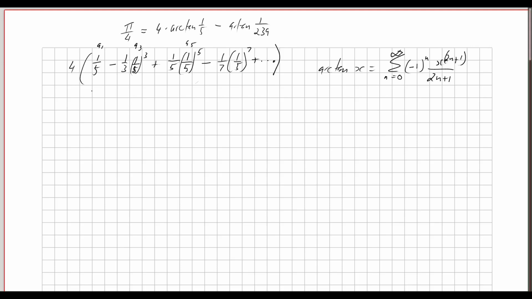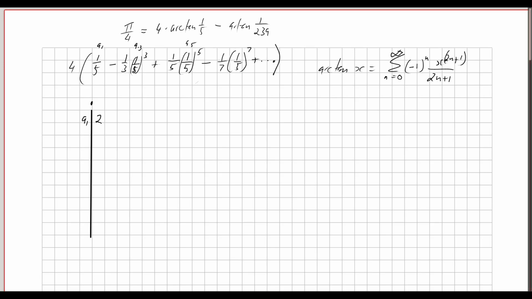Alright, so what we can do is set up a table. So A1, what is A1? Well, A1 is 1 over 5, which in decimal is just 0.2, so we'll put that there.